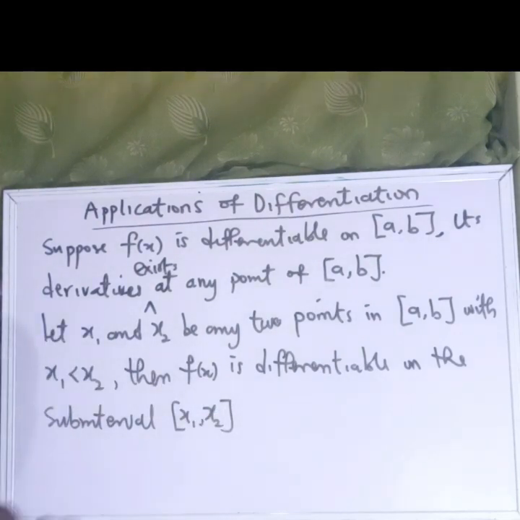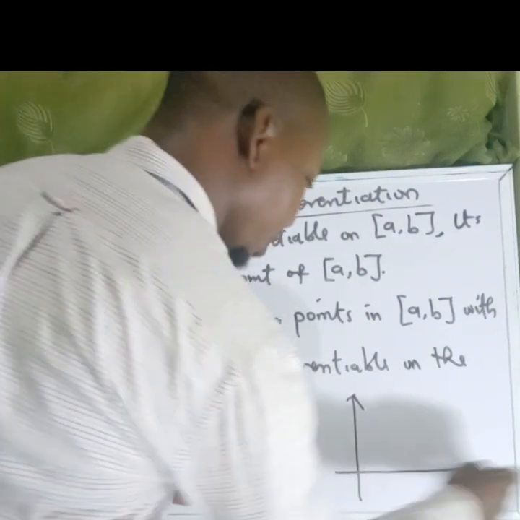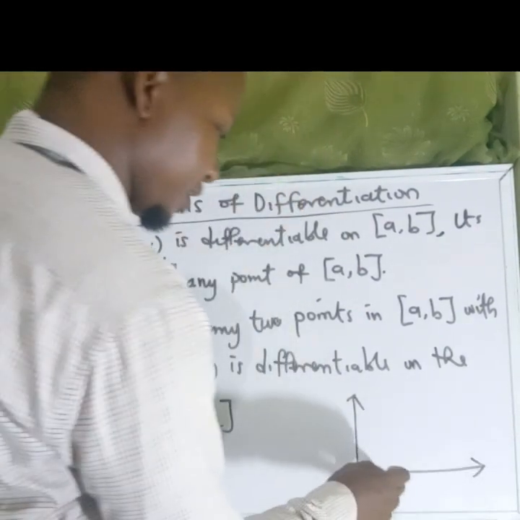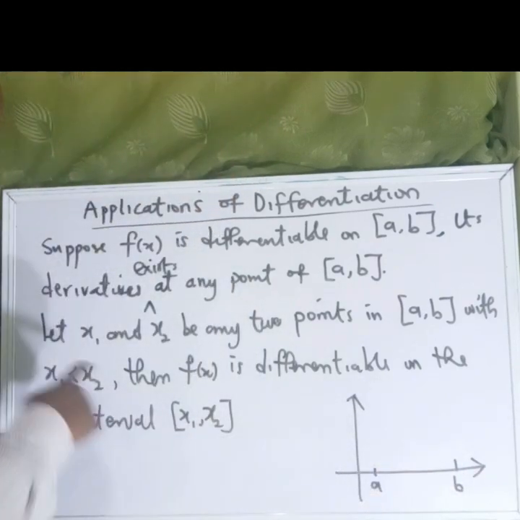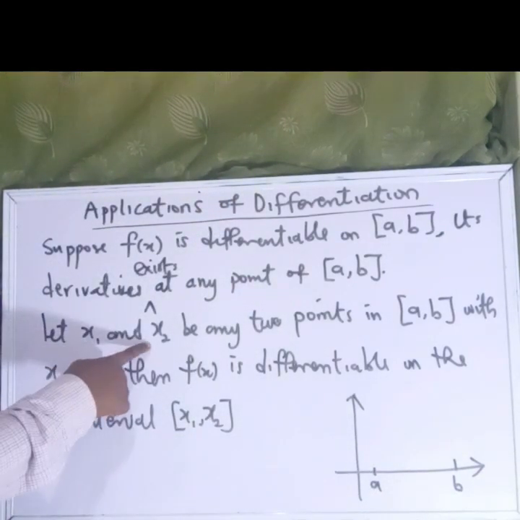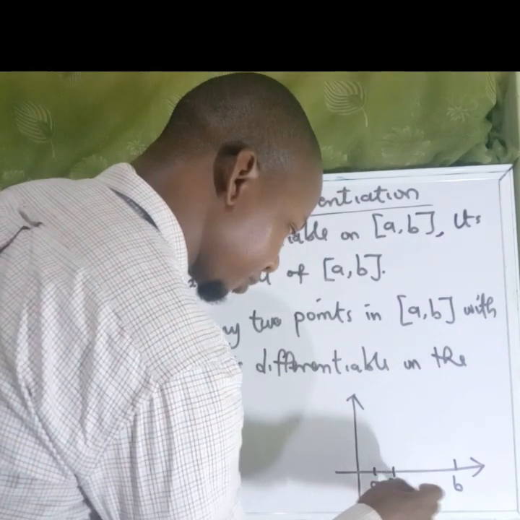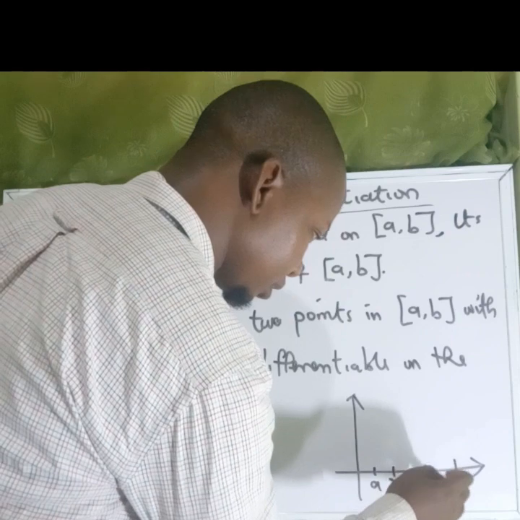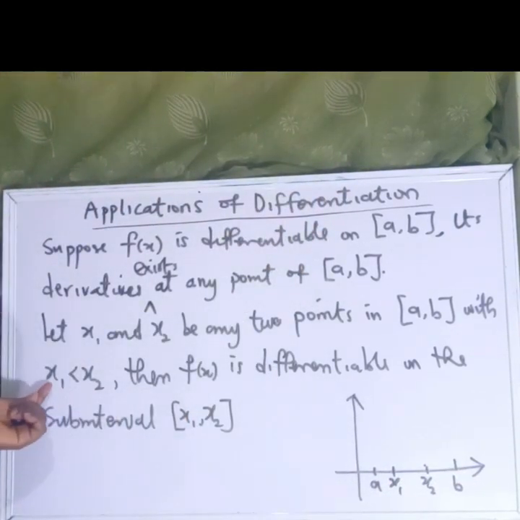This is what we are saying. Let's just have a clue of what we are describing here. We have said this is the point A, B. The notion we have described here is 2 points x1 and x2. So you recall that we have said x1 is less than x2.